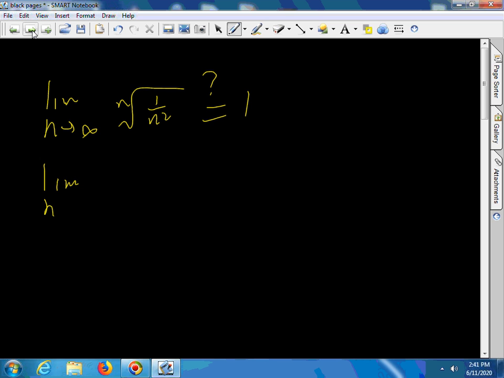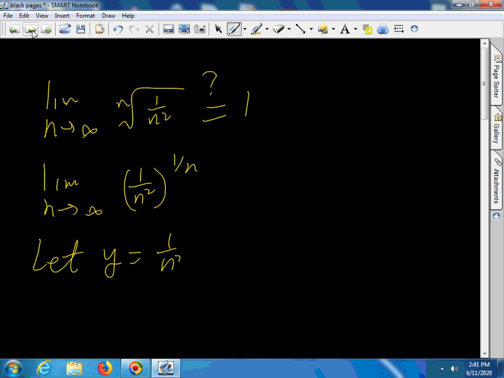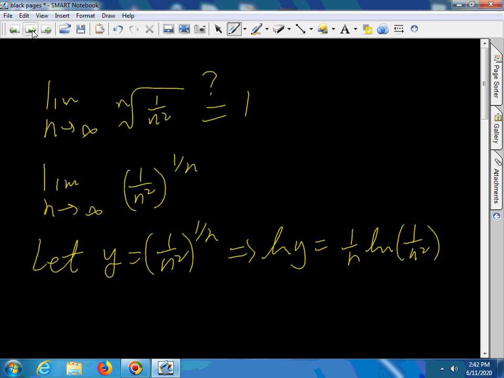So let's rewrite this a little bit differently. It's 1 over n squared to the 1 over n. And since you have n's in the power, that's not friendly. So we let y equals 1 over n squared to the 1 over n. We take ln of both sides, so we get 1 over n ln of 1 over n squared.